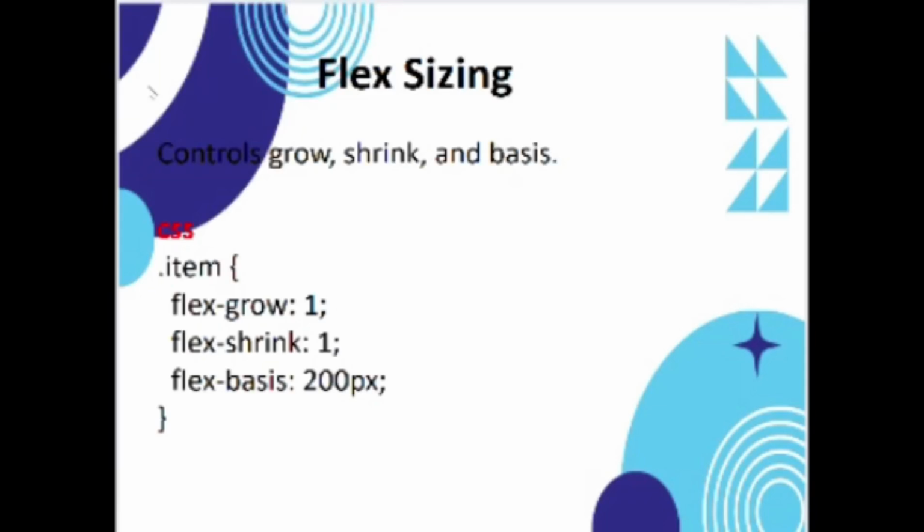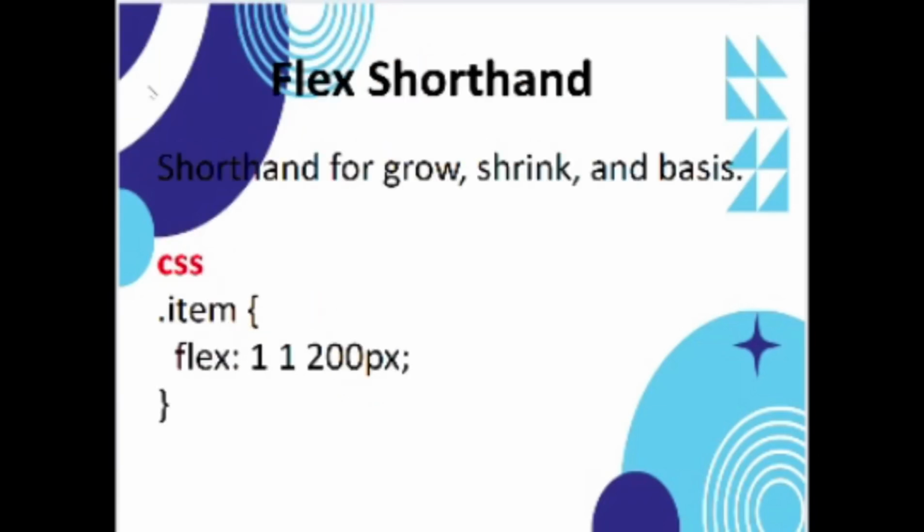Now we are moving to flex shorthand, which means flex shorthand combines the grow, shrink and basis properties into one neat line. It simplifies your code and makes layout logic easier to manage.